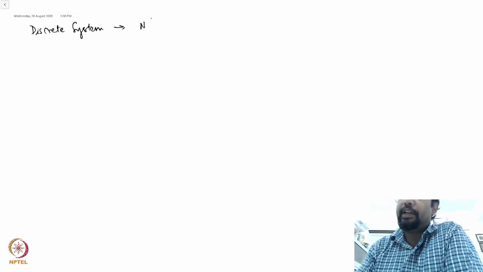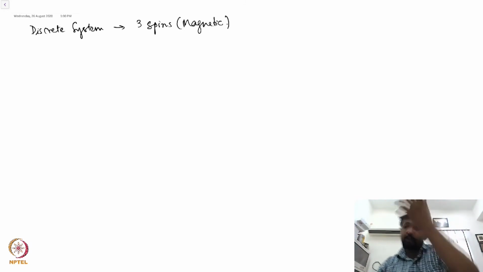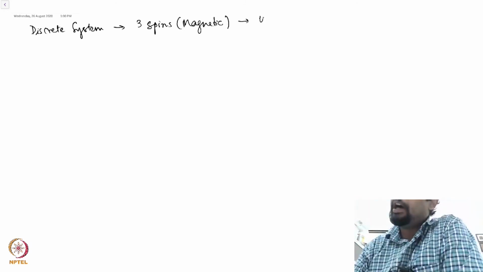And for this I will take, let's say, not n spins but 3 spins, which are magnetic in nature. They can be in an up or down state.